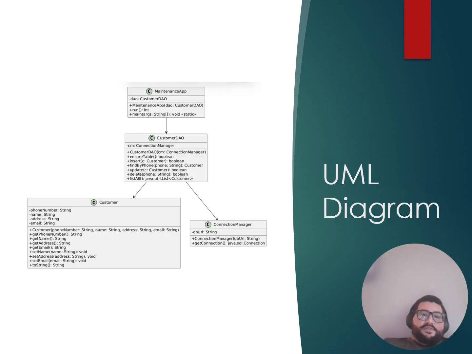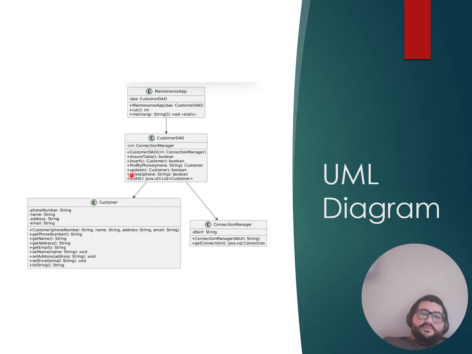Okay, so here we have our diagrams to show each class and how they're set up and how they're going to relate to one another. So we have our main application right on top, which is the maintenance app. Everything that goes through this maintenance app will go through our customer DAO, which is what interacts with our SQLite database.